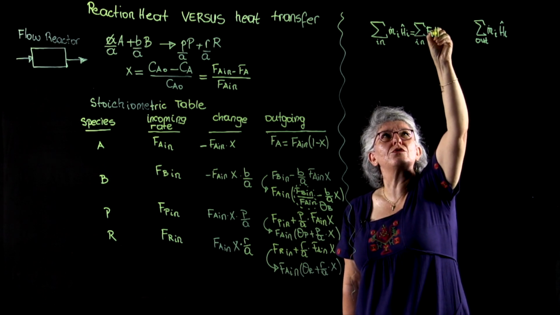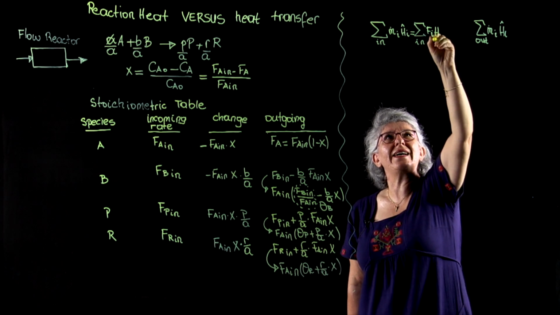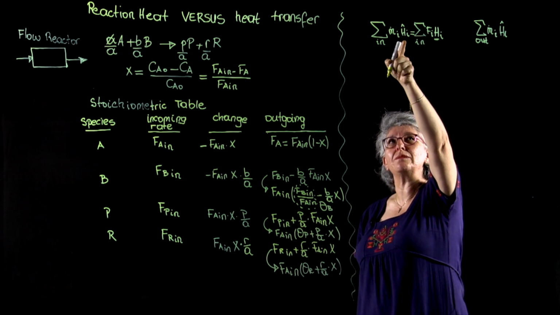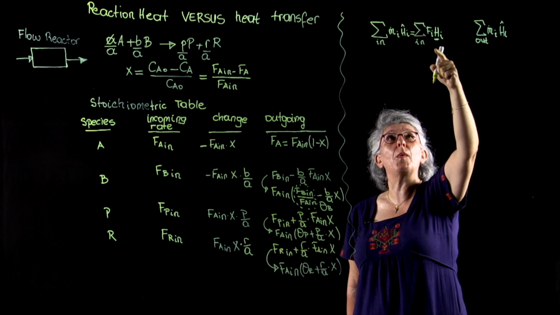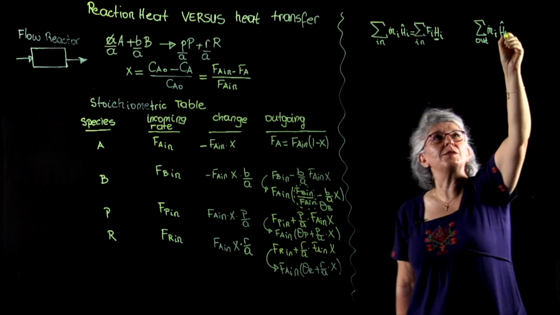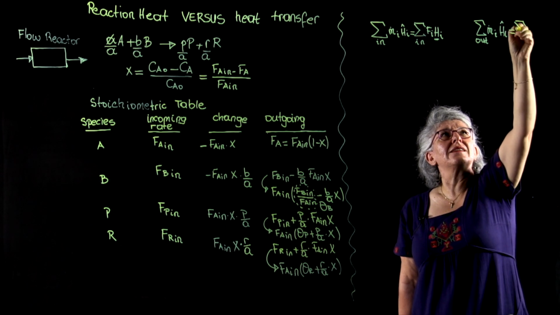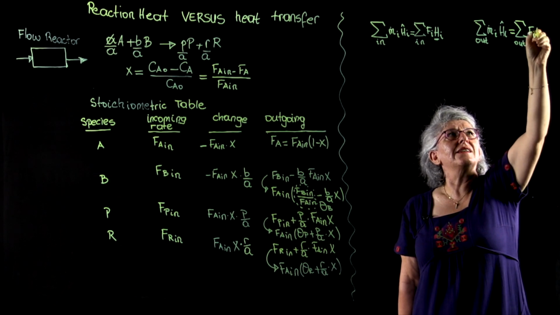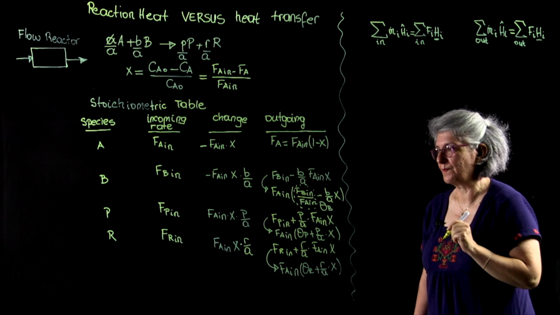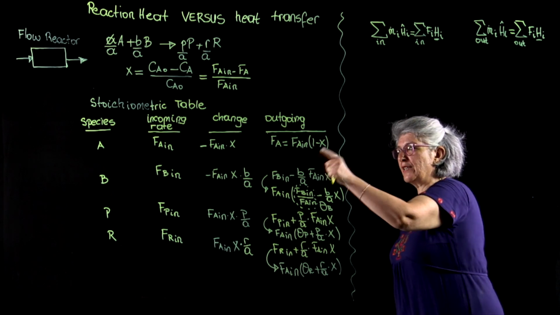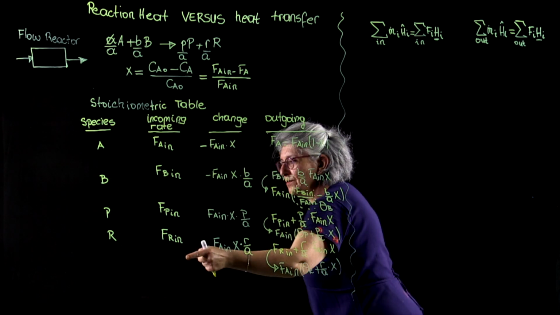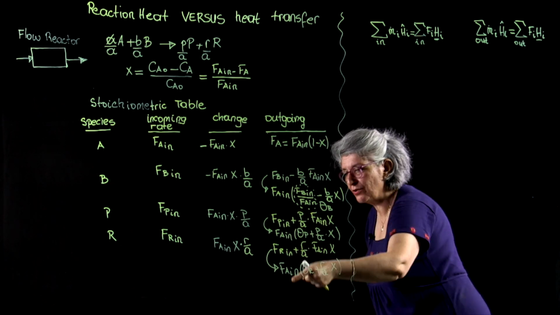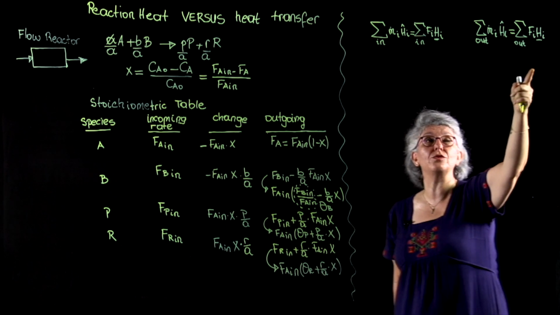And of course, in order to have dimensional consistency, my enthalpy should have an underscore. This one is enthalpy per unit mass. This is enthalpy per unit mole, molar enthalpy. Similar here. All right. Outgoing stream, Fi, Hi, with an underscore. So I'm going to substitute Fa terms here for the incoming stream, Fi terms here for the outgoing streams.